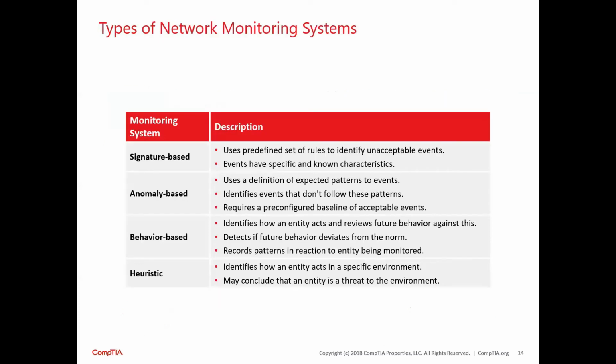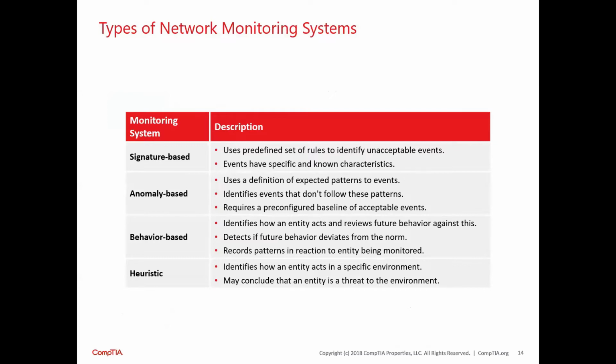And the types of network monitoring systems could be based on signature, meaning a predefined set of rules. Then we have the anomaly base, which depends on patterns. Then we have the behavior base, which detects if future behavior deviates from the norm.